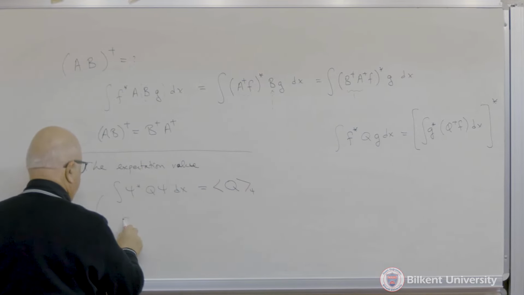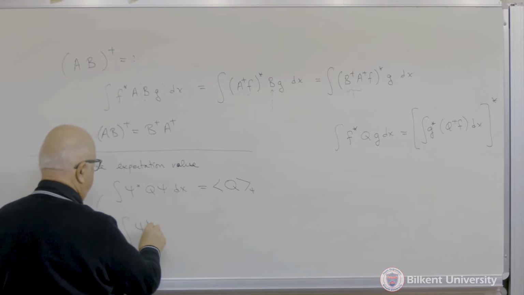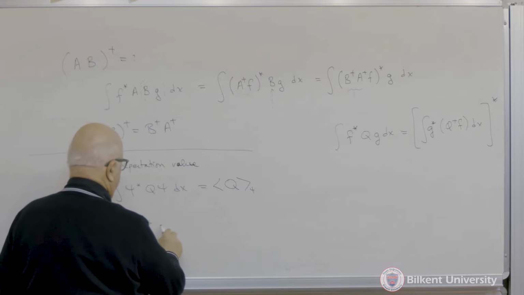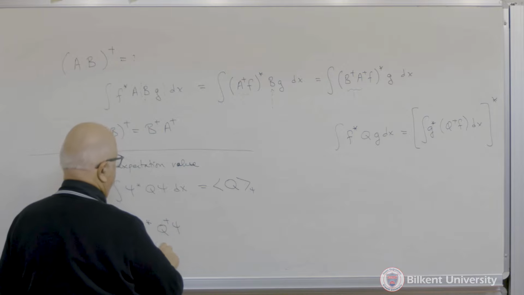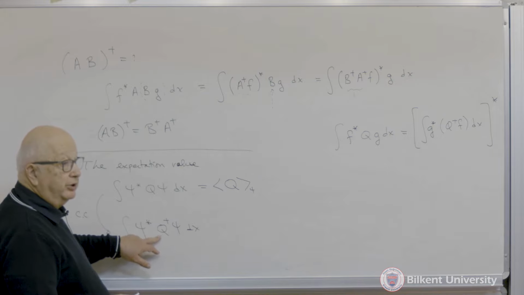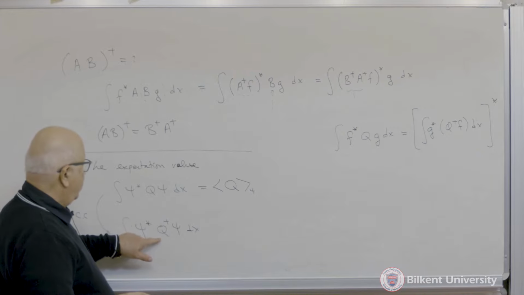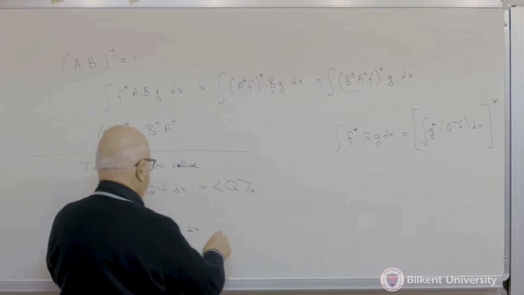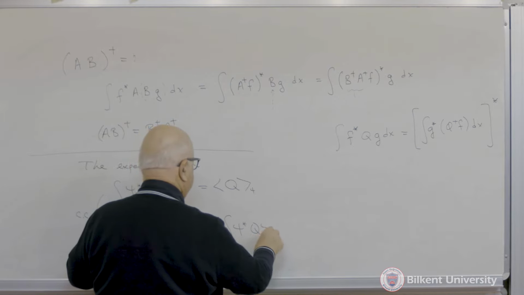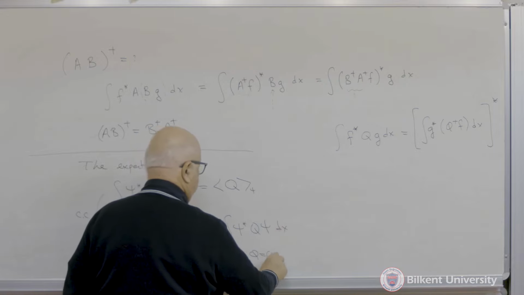F and G are the same in these cases, so it's going to be psi star again, and then I'm going to get Q dagger psi dx. You see I get almost the same form except that I have the adjoint. Now, if this is a Hermitian operator, then this is going to be psi star Q psi dx, if Q is equal to Q dagger.